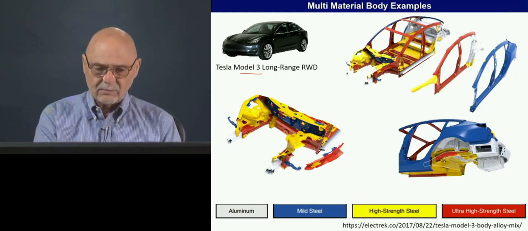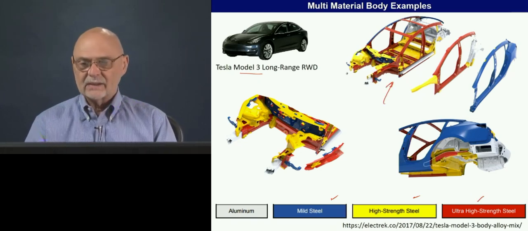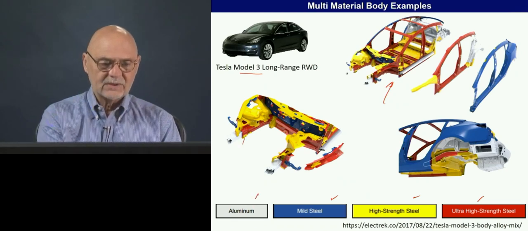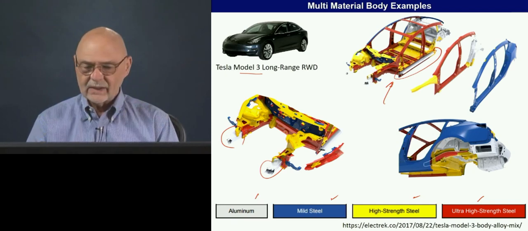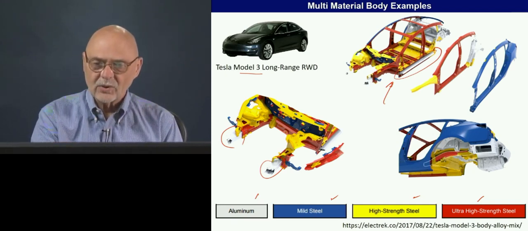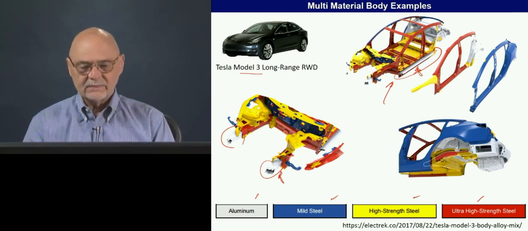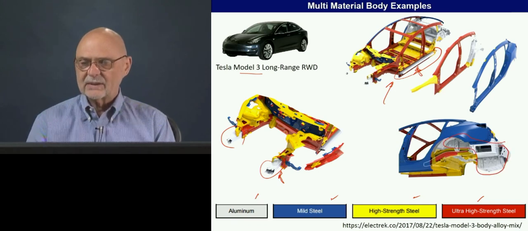You see the blue, the yellow, and the red in the little picture here are steels, and the aluminum elements here, here, and here are shown in the rocker area, the front barrier loading, and then kind of the whole rear end sheet metal area.